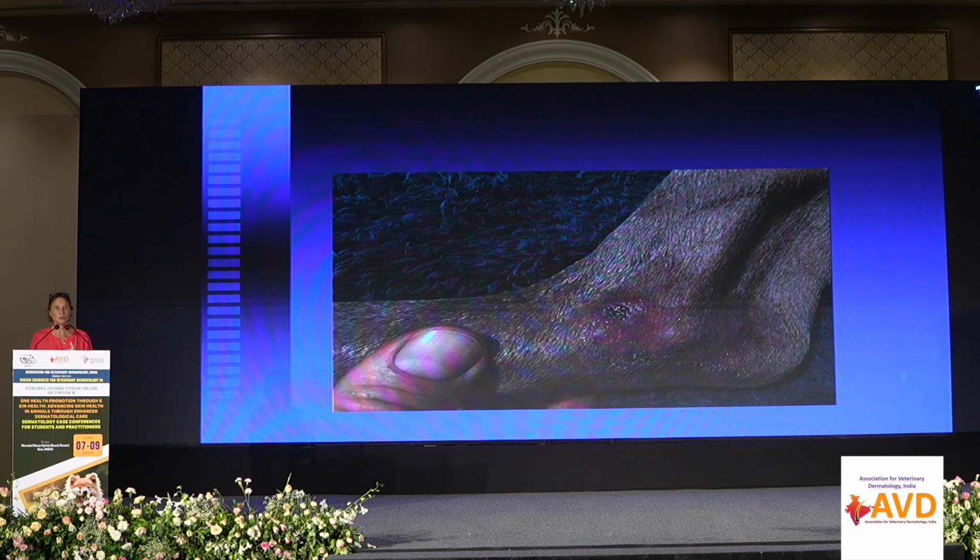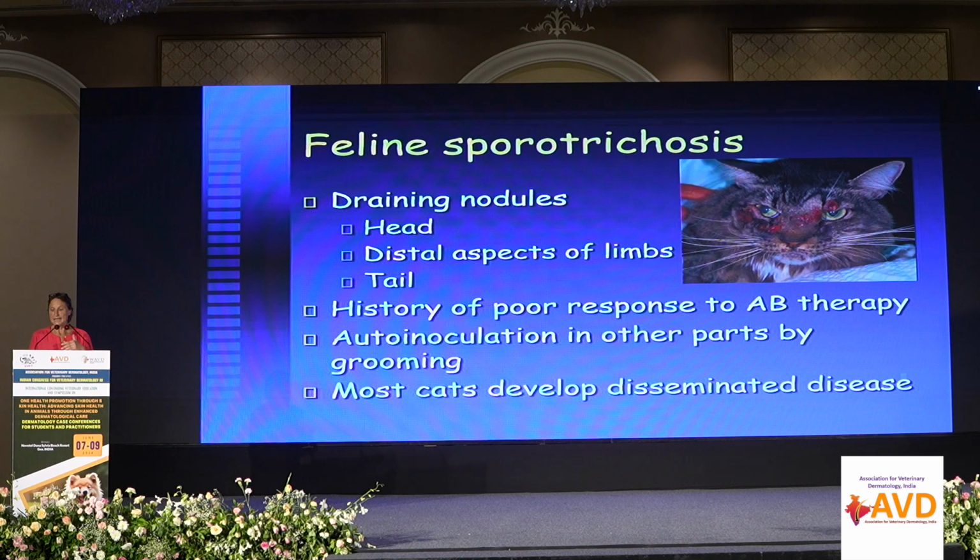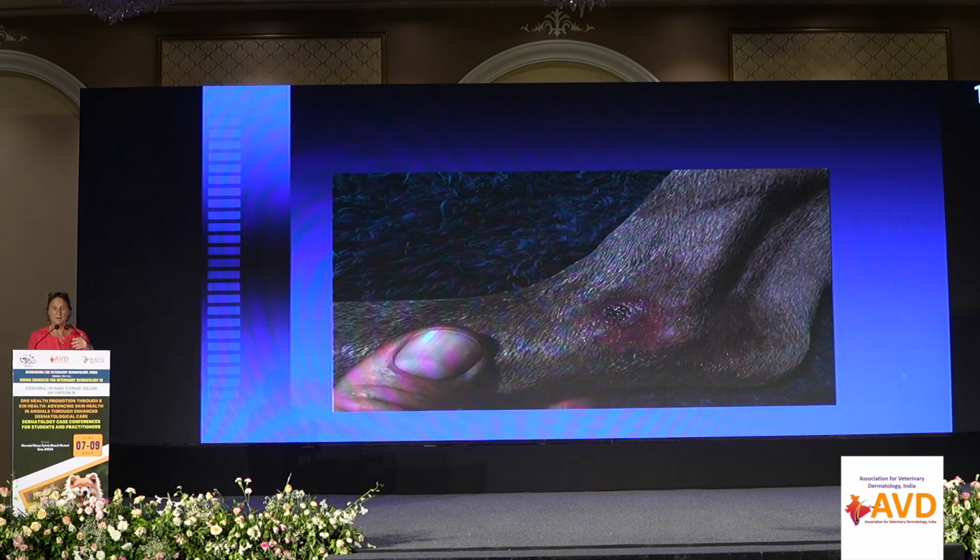Basically he had nodules everywhere. They had biopsied this dog multiple times and done cytology, showing pyogranulomatous inflammation, but no organism. So it came to us with the thought that maybe it's a sterile disease.